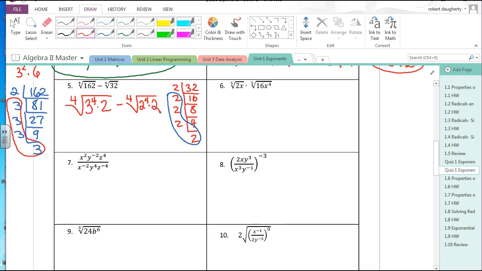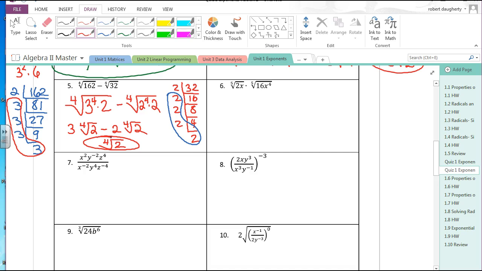So in this case, 4th root of 3 to the 4th is 3. So 3 times the 4th root of 2 minus the 4th root of 2 to the 4th, so 2 times the 4th root of 2. Now I have the radicals alike, so I can say 3 minus 2 is 1. So this answer is just 1 times the 4th root of 2. And that's your final answer.